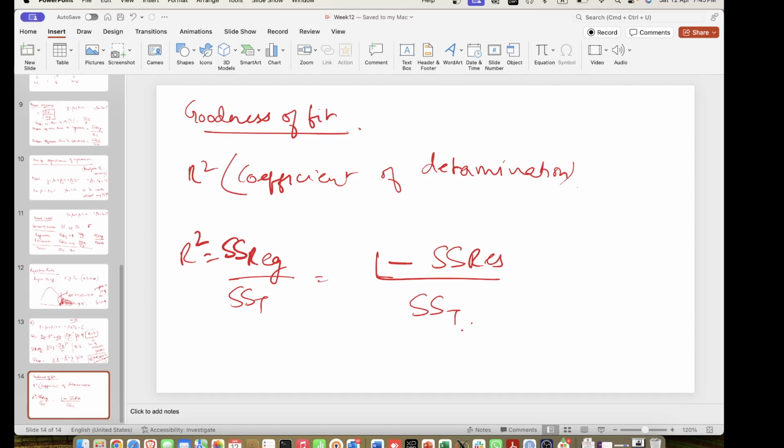or in other words, how much of the variation in my response variable y is being explained by the regression, and that is all that we are measuring with the help of R square. That is, what fraction of the total variance in y is being explained by my independent variables.